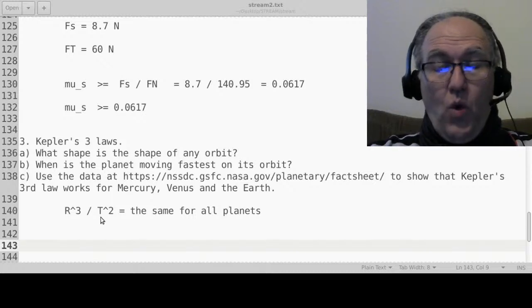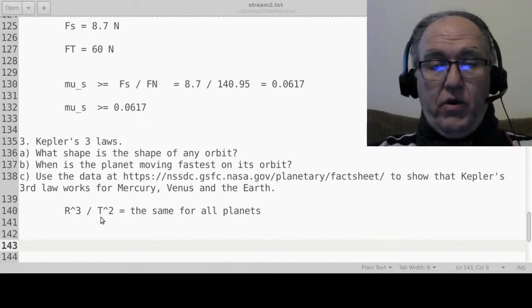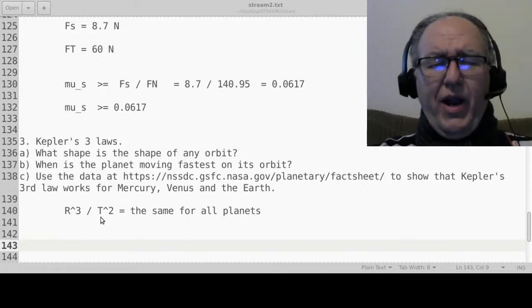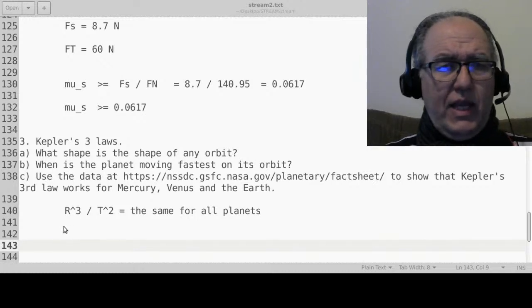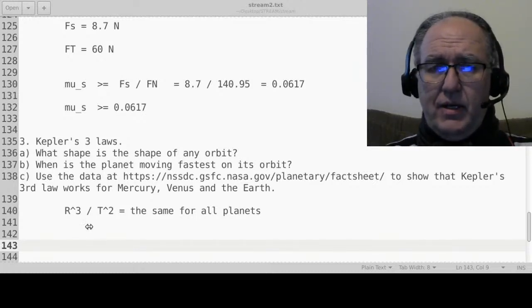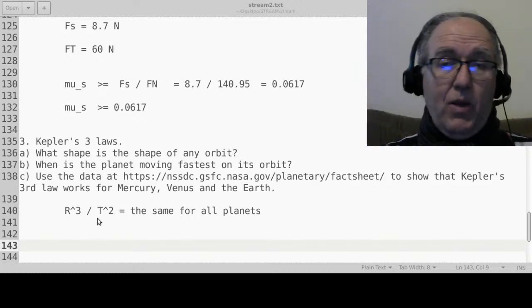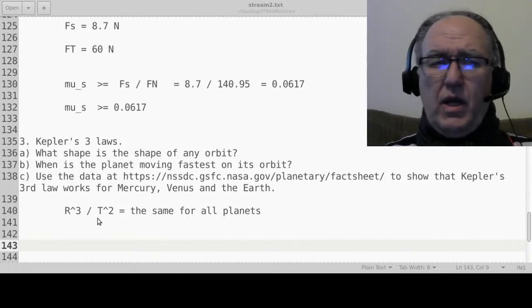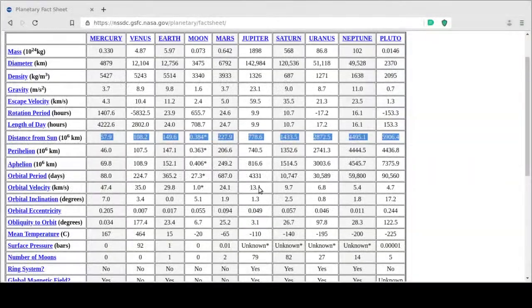Now for Earth, one Earth year is 365.24 days. So there it is. This is the average distance to the sun, and that's the time it takes to make one complete revolution around the sun. The units don't matter as long as you're consistent. If we go back here, you can see the row that I have highlighted is distance from the sun.